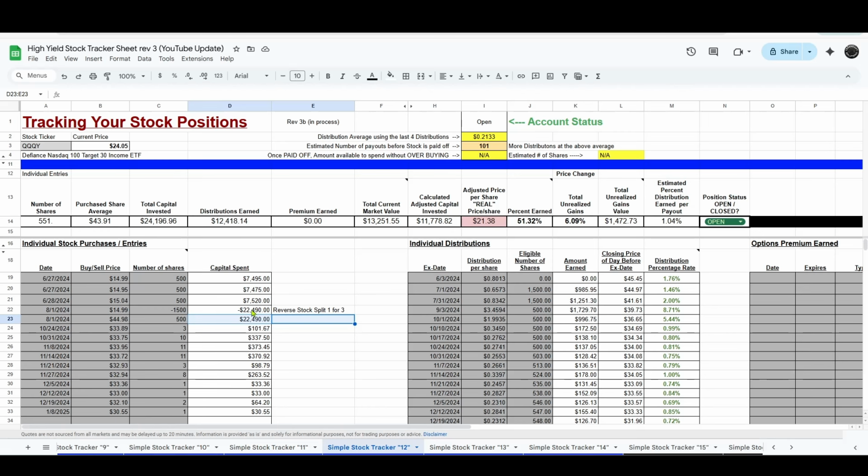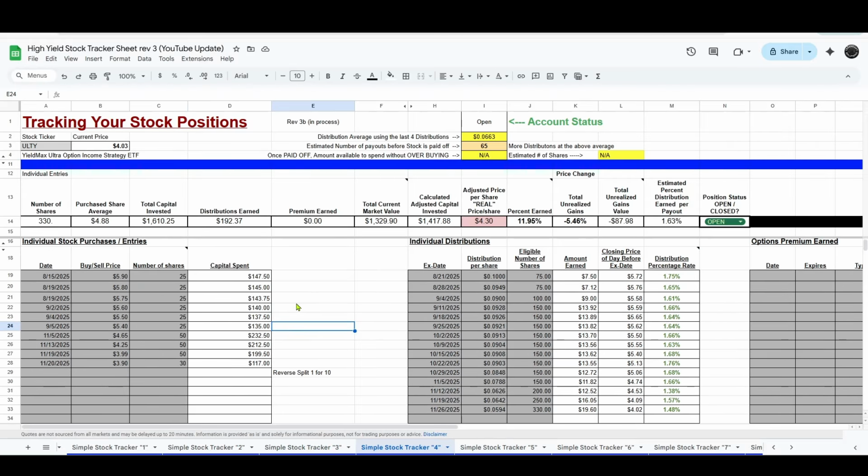So if you have that dollar value from your broker and you know how many shares you had and how many shares you now have, then it's easy to calculate that buy and sell price over here. So that's what we'll end up doing next week once we receive that information from the broker. Now I know ULTY will be doing a reverse split on Monday, but it may take a few days before I can get a chance to actually put this together.